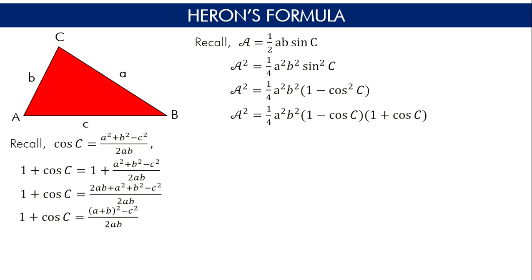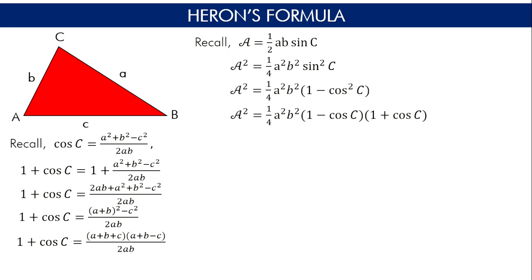As you can see, we can express this as a difference of two squares: a plus b plus c times the quantity a plus b minus c all over 2ab.